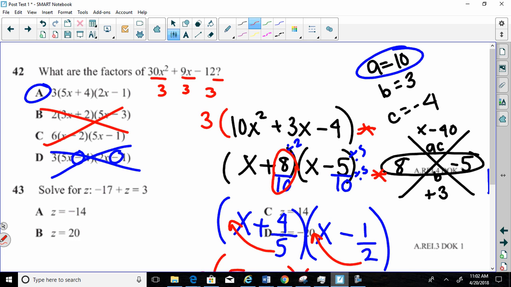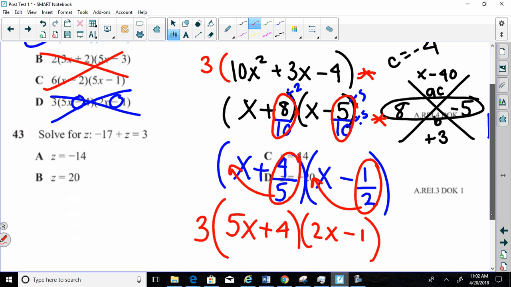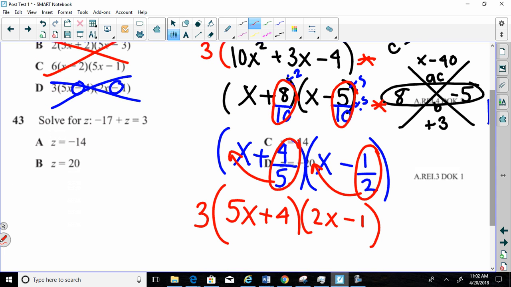So that fraction reduced to 4/5, and this fraction reduced to 1/2. But we still got those losers hanging out on the ends. We can't reduce it anymore, so we just put them in front of x, so it looks like this. And then that's your answer. And so when they're asking for factors or your answers are in parentheses like that, that's what you're doing.